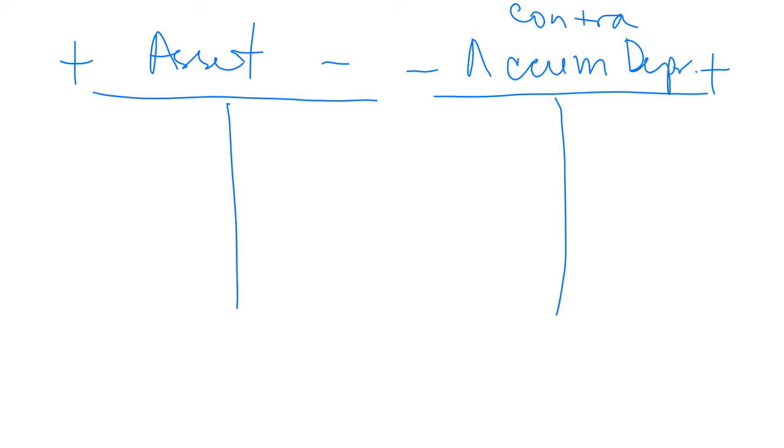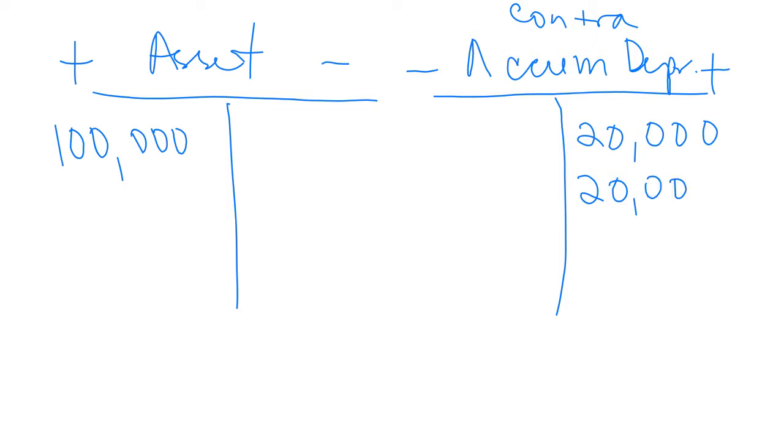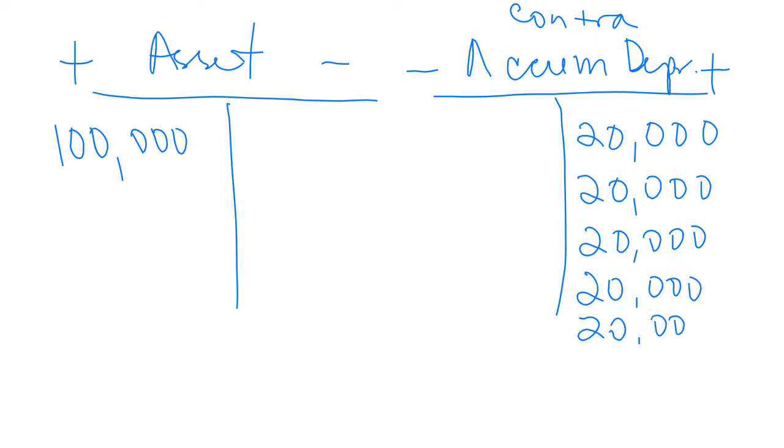Let's say we have an asset that was acquired at $100,000. Let's say this asset is depreciating over a 5-year period. So every year we will see a credit to the accumulated depreciation account of $20,000. So essentially, we'll be reducing the value of the asset on the books.